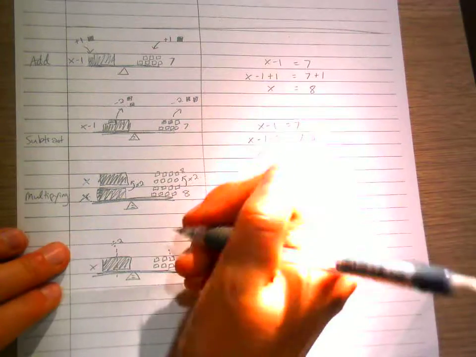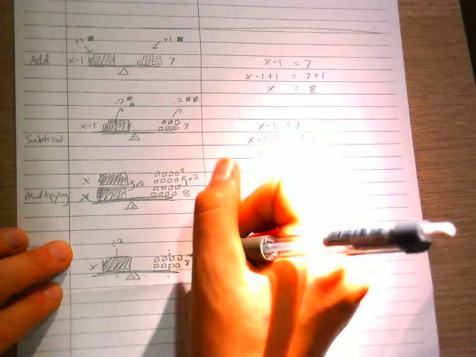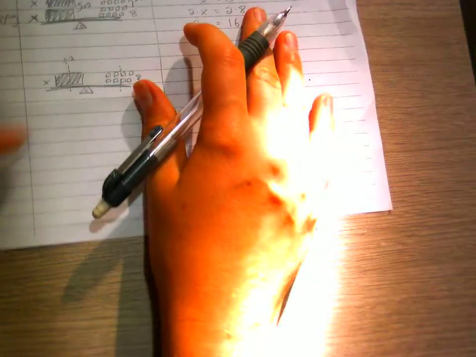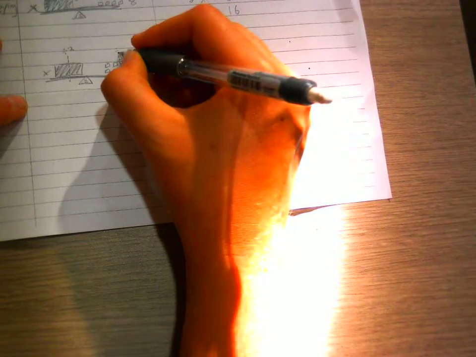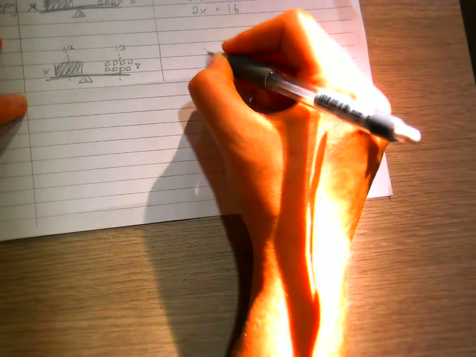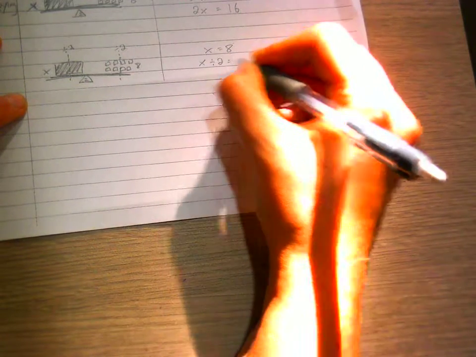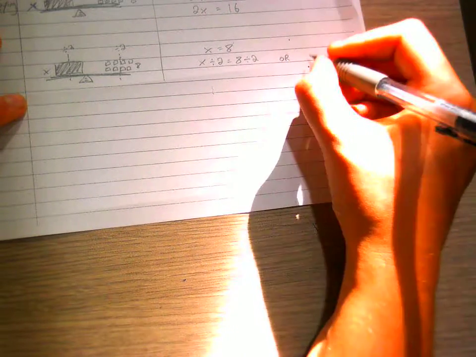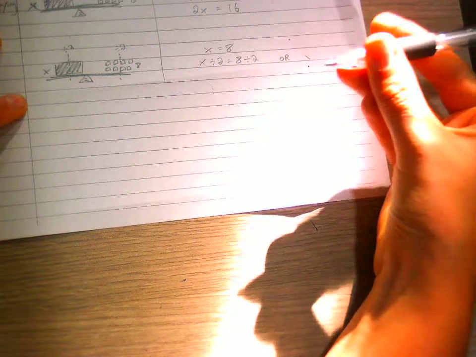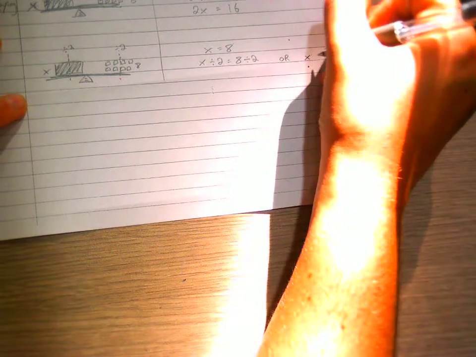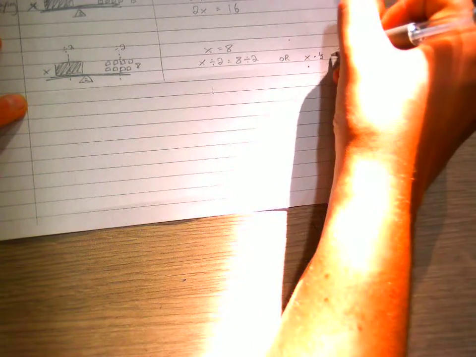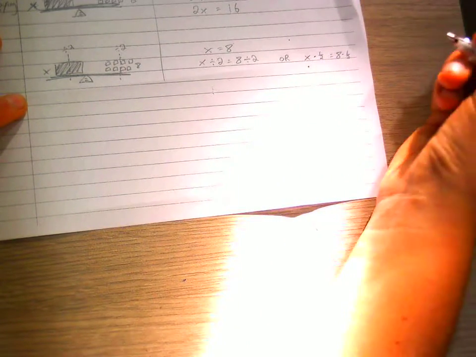So to get rid of part of this one, we also have to divide by 2. So a way that we can write that, x equals 8, is we could either say x divided by 2 equals 8 divided by 2, or we could say x times 1/2 equals 8 times 1/2, because multiplying by 1/2 is the same as dividing by 2.